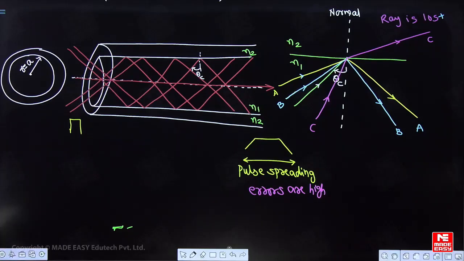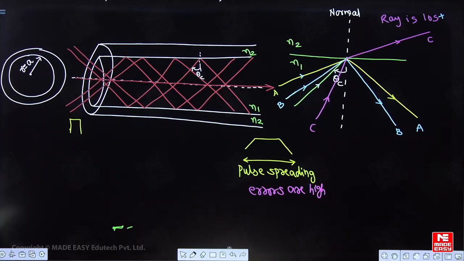I hope everybody in the class copied the diagram, theory, everything. This is about MMSI fiber, multi-mode step index fiber.